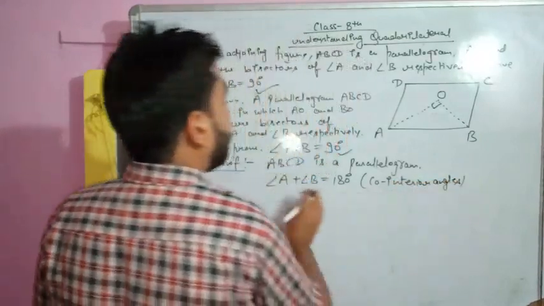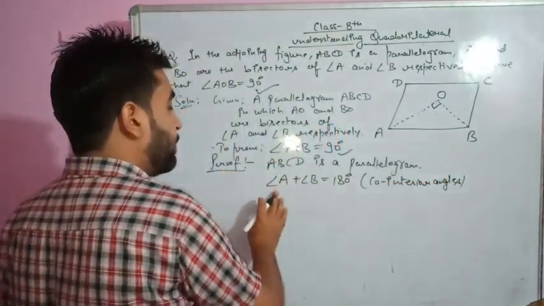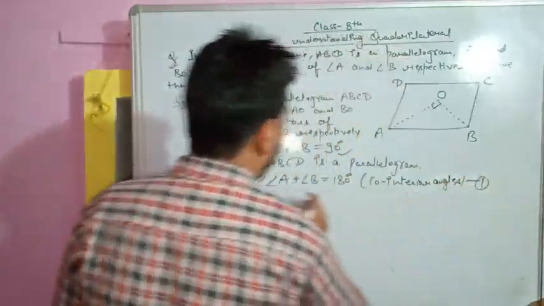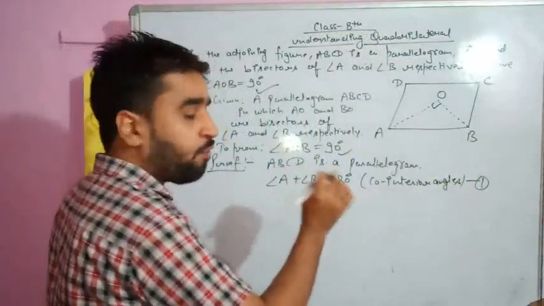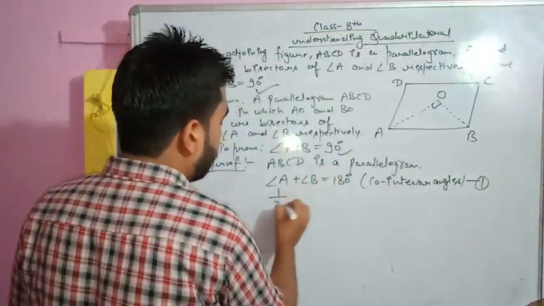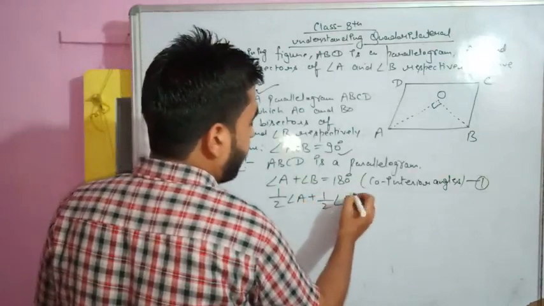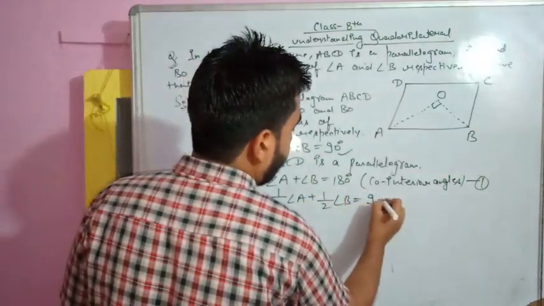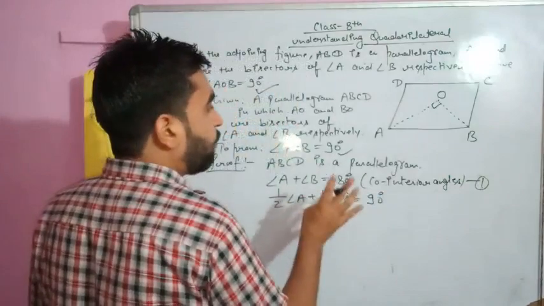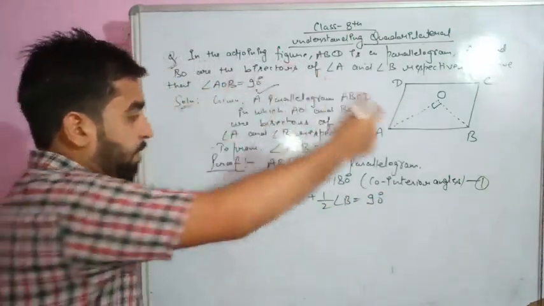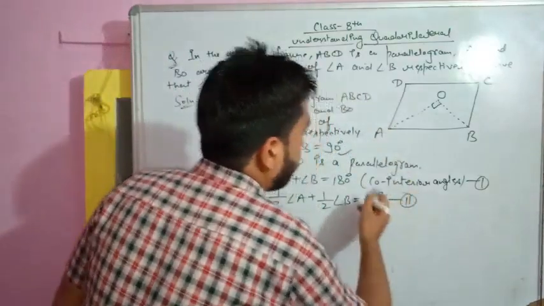Now if angle A plus angle B is 180 degrees, let us take half of this equation on both sides. This is equation 1. So this will become half angle A plus half angle B is equal to half of 180, which will be 90 degrees. Why I have done the half of this, you will come to know right now. This equation you can consider as equation 2.